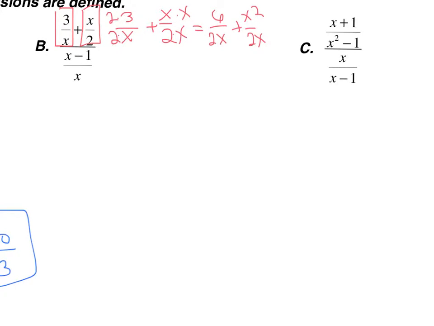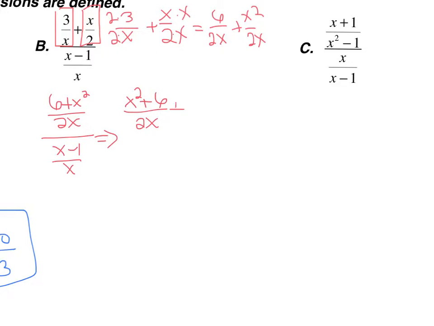So it is 6 plus x squared over 2x, all over x minus 1 over x. And then I'm going to flip the x squared and the 6 to be more in standard form. That's really divided by x minus 1 over x. And then if we do division, we switch it to multiplication.